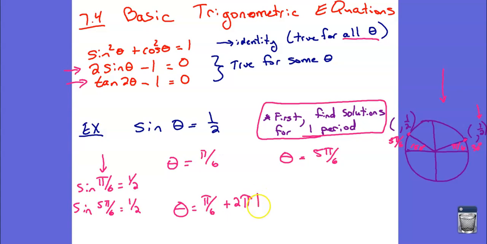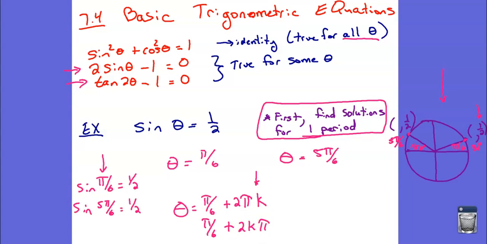And so I'm just going to put a variable called k, and k is the number of times I'm going around that circle, or the number of periods that's going to take place. So pi over 6 plus 2 pi k, and typically we write pi last, just so it's easier to read, so we would write 2k pi.